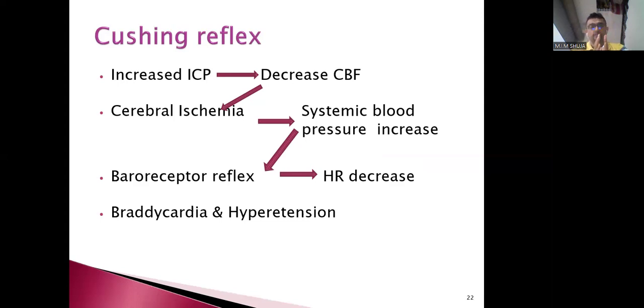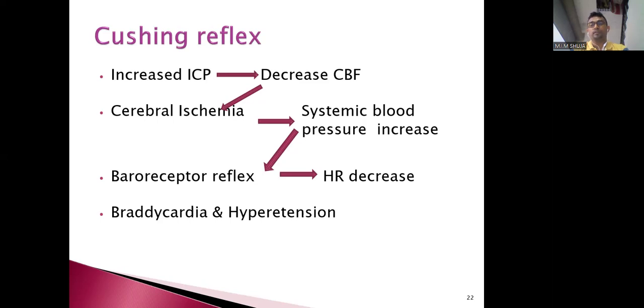It will cause cerebral ischemia. When there is cerebral ischemia, or the blood supply to the brain is reduced, your body tends to send more blood to the brain in the interest of surviving the tissue.